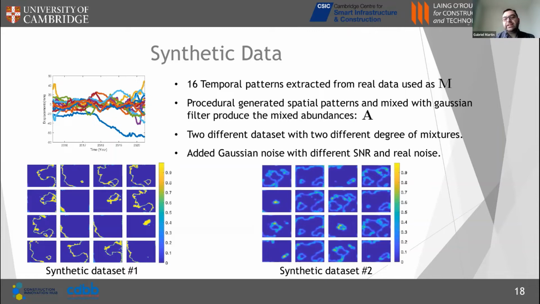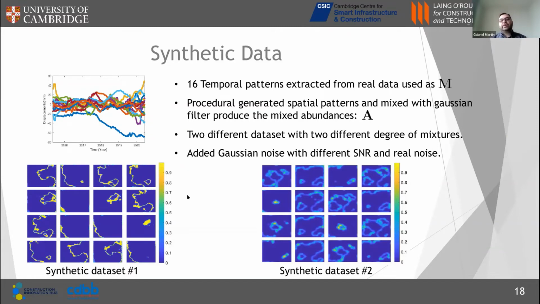This means that the abundances are maximum 0.7, like 70% of something, and then there is only another 30% of something else. So this second scenario is much more heavily mixed and much more complicated than the first scenario, where you have some points in which you only have one pattern.